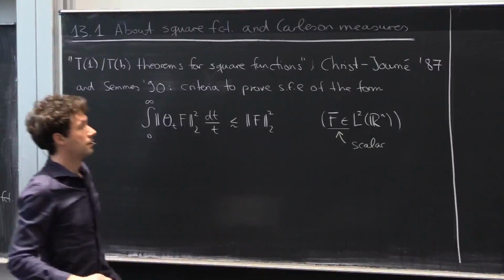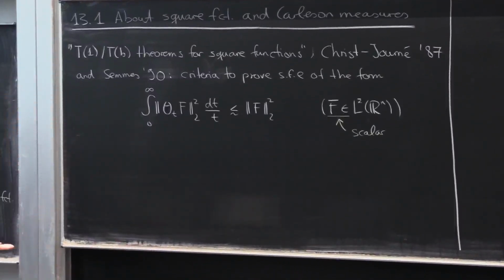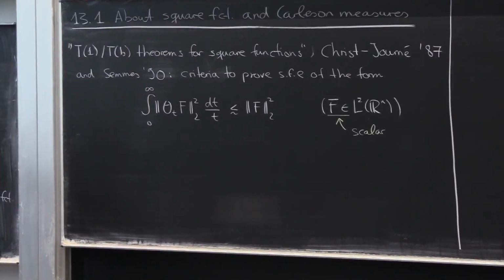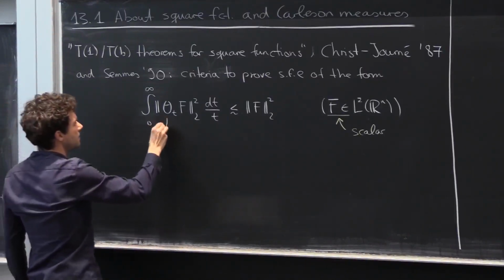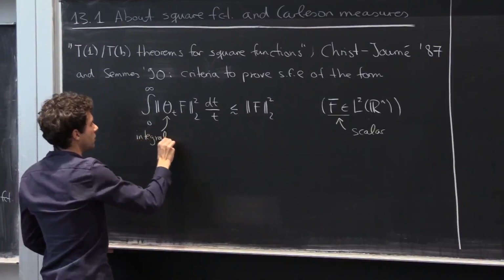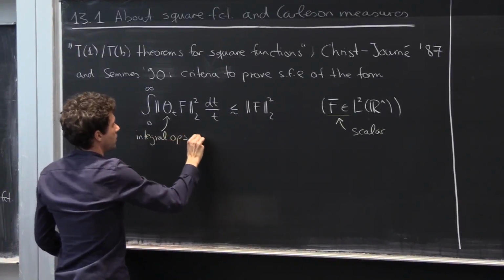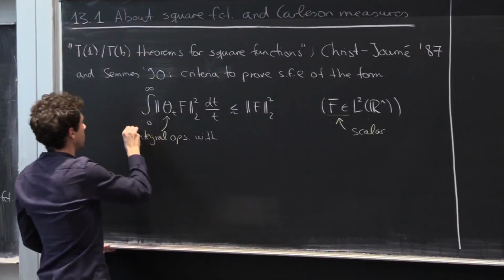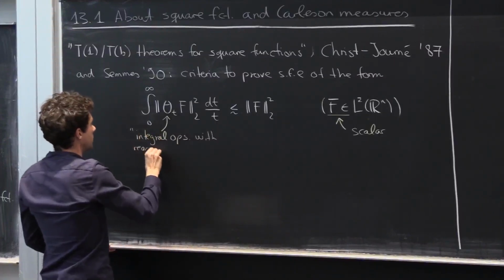Okay, well, I wrote it still with a capital F because I want to show you the analogy. But f is a scalar function, and then these Theta_t's, they are integral operators with reasonably good kernels.